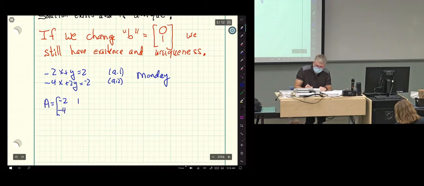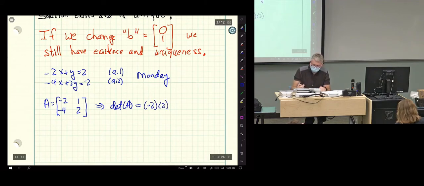Multiplying x minus 4, multiplying y is 2. So the determinant is minus 2 times 2, A times D, minus B times C, and that's equal to minus 4 plus 4 equals 0.